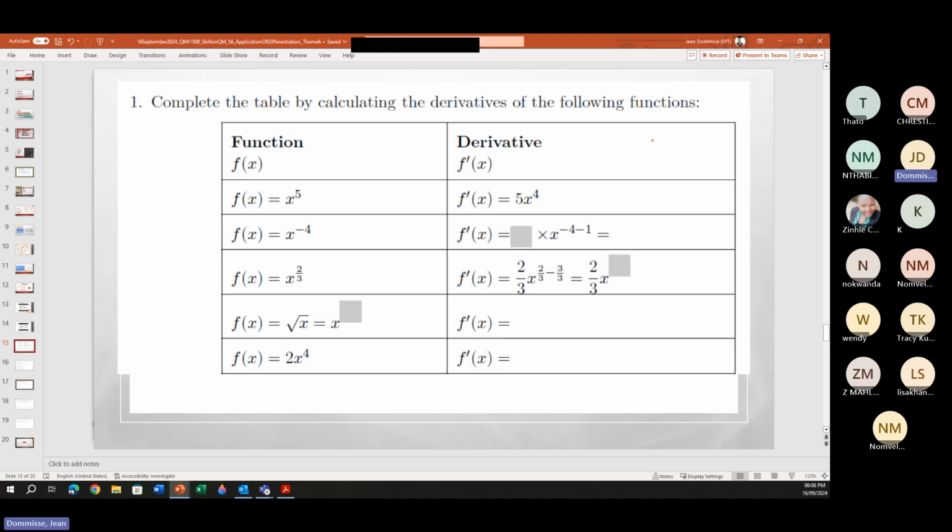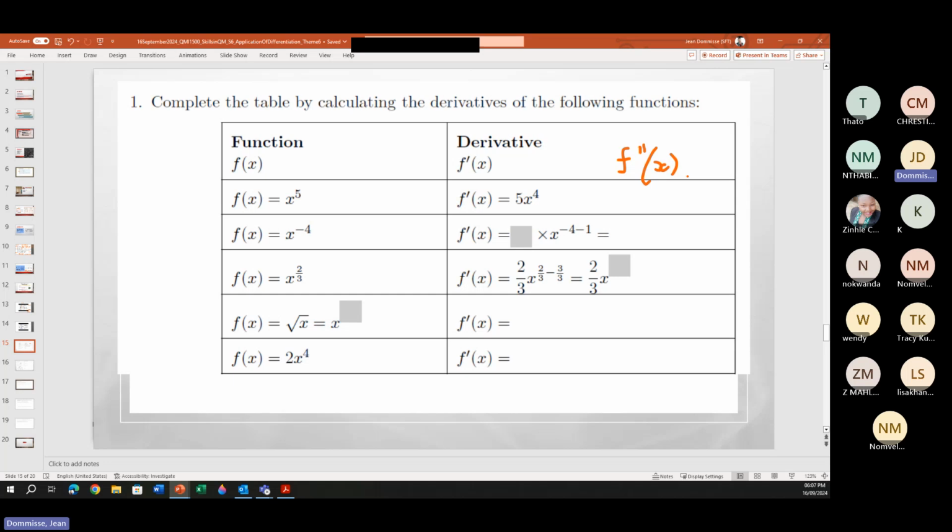If we needed to work out a second derivative, it would have been just two of those. And I will just show you, for interest's sake, how to work out the second derivative.